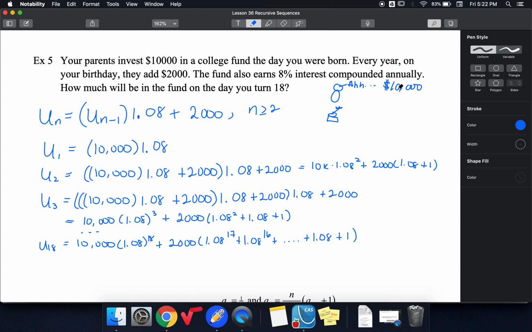It earned 8% interest. So my $10,000, so 10K, has earned its 8% interest, so 100% plus 8%, and then we're adding $2,000. And then you turn into a toddler, and there you are. And now all of that money has earned 8% interest.